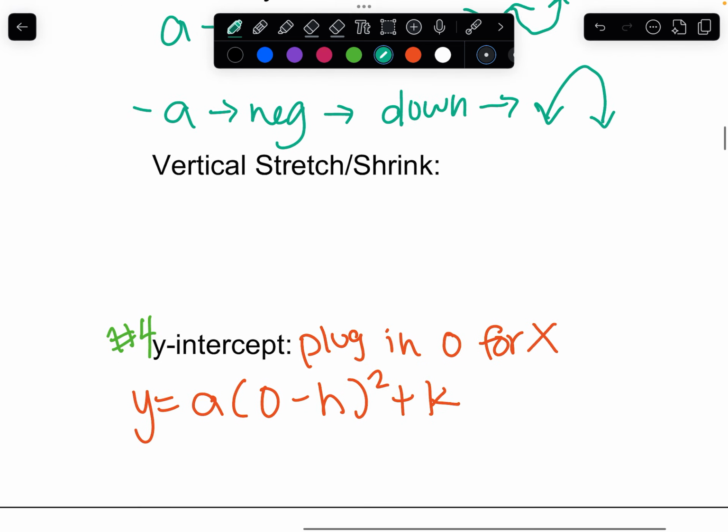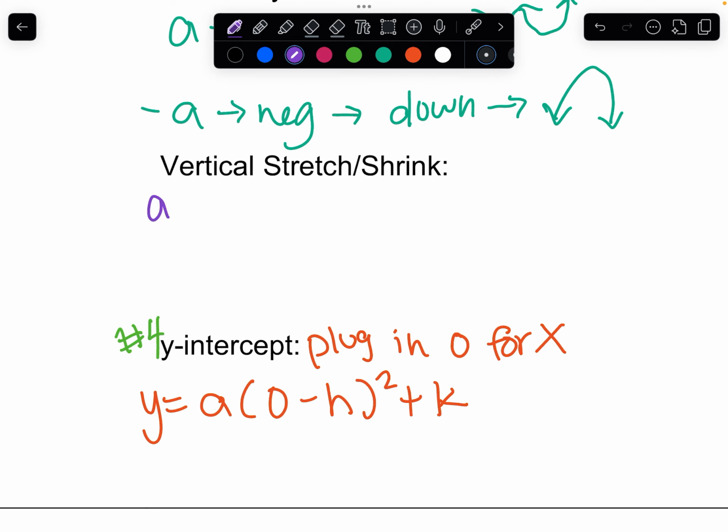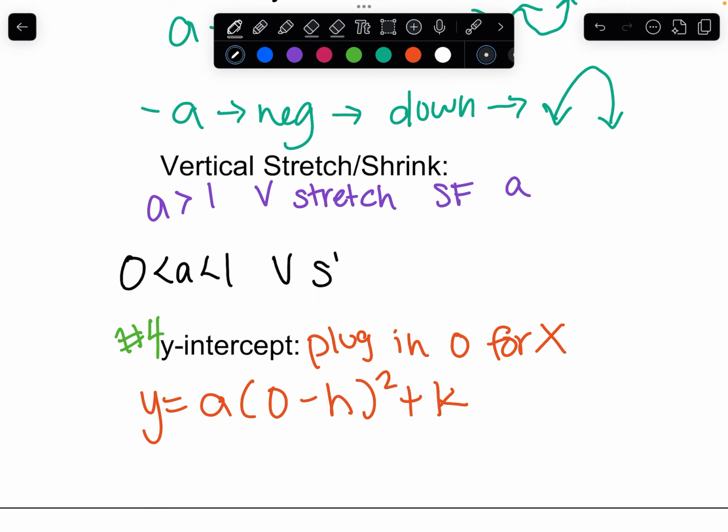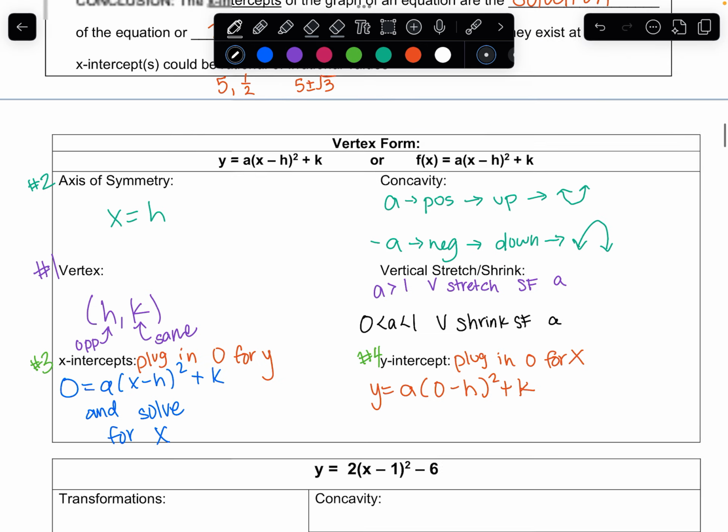And then finally, we have our vertical stretch and shrink. If a is greater than 1, we have a vertical stretch by a scale factor of a. And if a is between 0 and 1, we have a vertical shrink by a scale factor of a. So that just brings everything together.